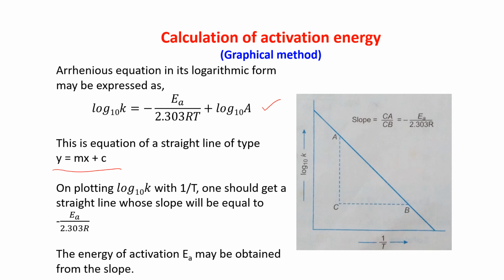If you plot a graph of log10 K against 1 by T, you should get a straight line, and the slope of the line will give you minus Ea by 2.303 R. So the energy of activation Ea you can find from this graph, from the slope.